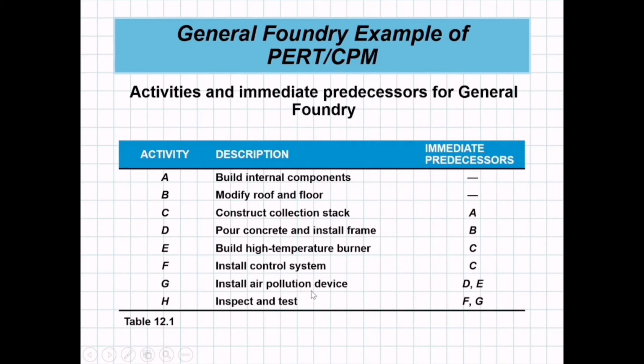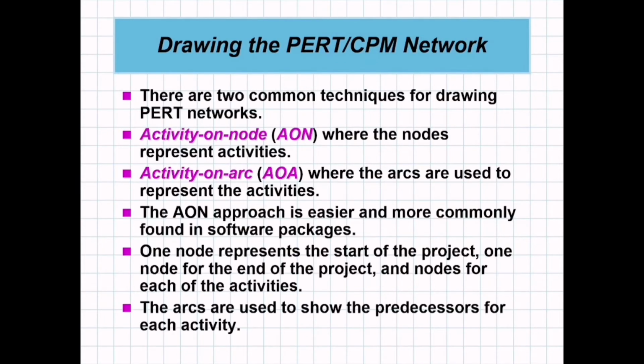And for the last activity H, inspect and test, you must be done with F and G, your immediate predecessors, which are installing control system and install air pollution device. In other words, class, immediate predecessors are the activities required so that you can move on with your next activity.